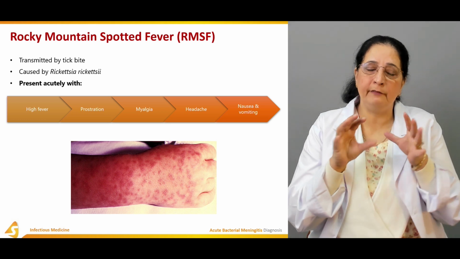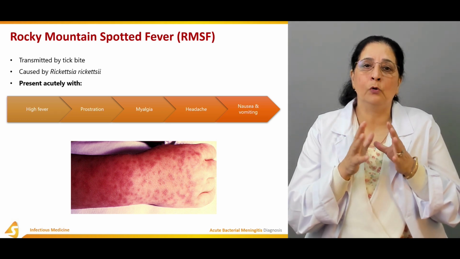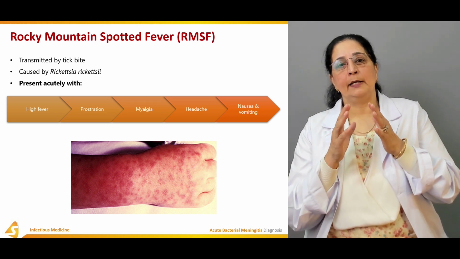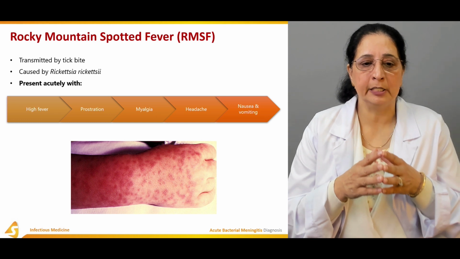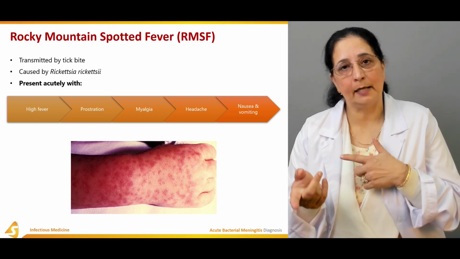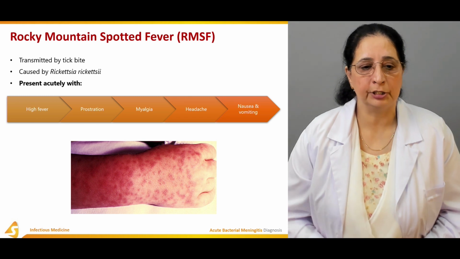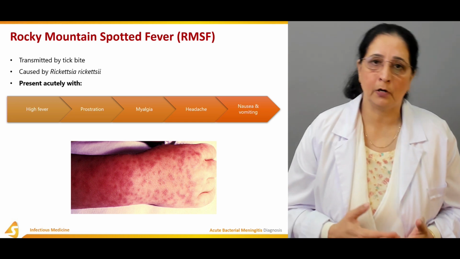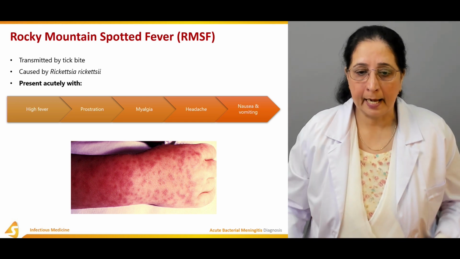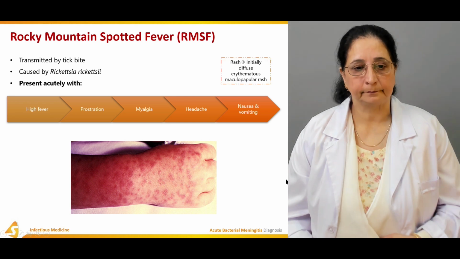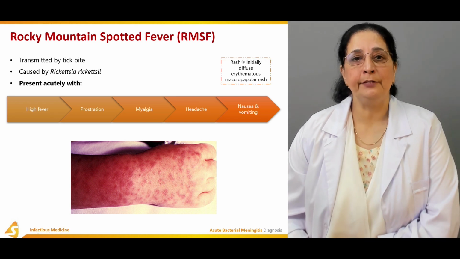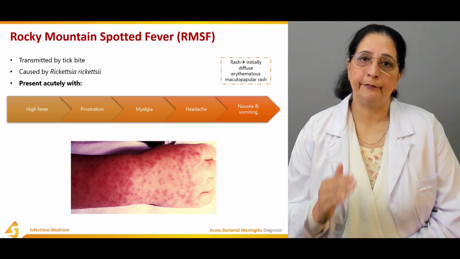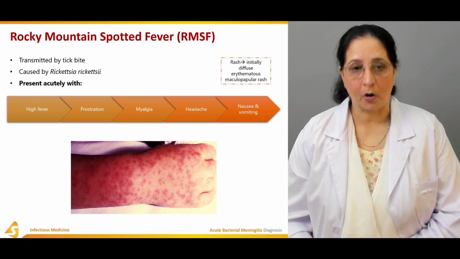Now this especially we need to differentiate from meningococcemia, because that is also causing a rash, but this is caused by the tick, Rickettsia rickettsii, whereas that is caused by Neisseria meningitidis. There is high fever, myalgia, nausea, vomiting, headache, and you can see the rash. The rash is initially a diffuse erythematous maculopapular rash, so it comes in the differential diagnosis of meningococcemia.